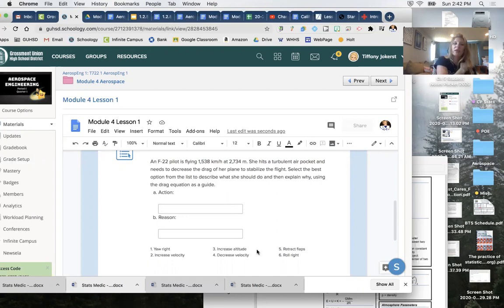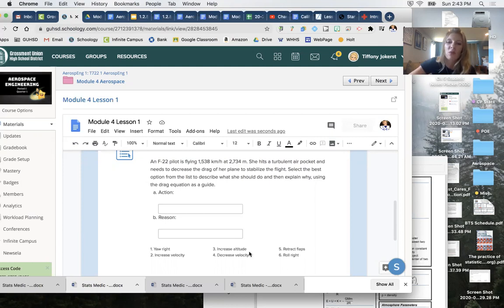So for number 1 here, if you want to decrease drag, what would you need to increase? This is where you're thinking about the two different flows of the plane. If you want to decrease drag, which is pulling the plane backwards, you would increase your thrust.